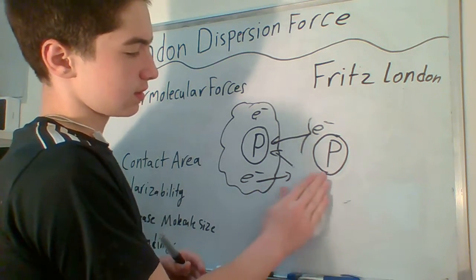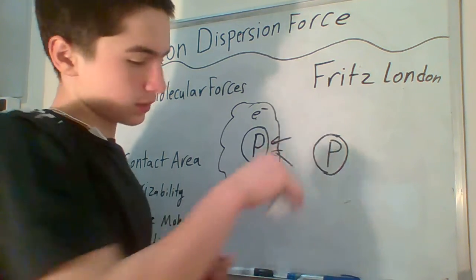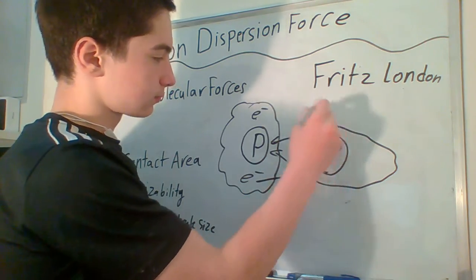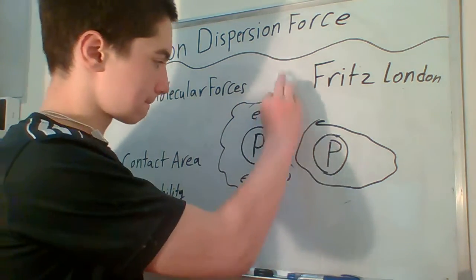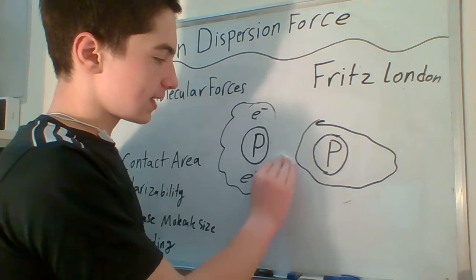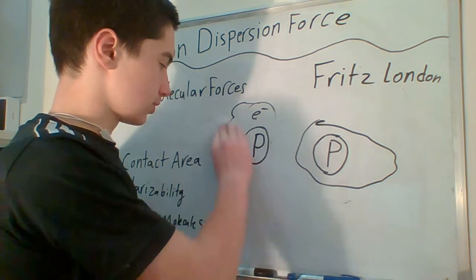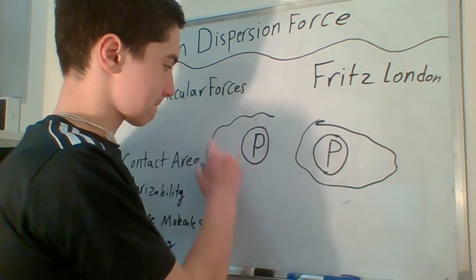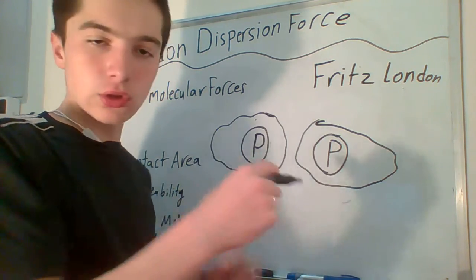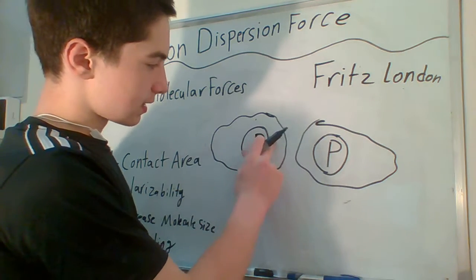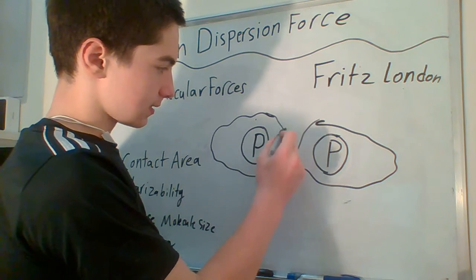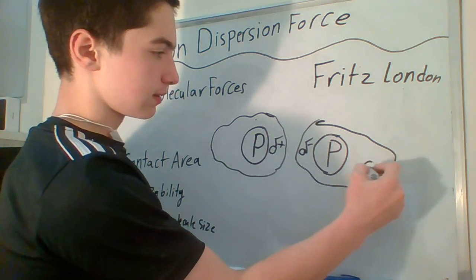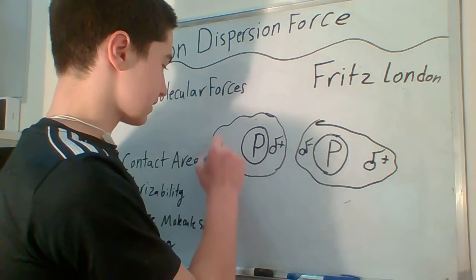Let's shift this a little bit, so it looks like something like this. Also here. And what will it form? We said temporary dipole-dipoles. Now, first thing, let's not forget to put delta positive here and delta negative here, and delta positive here, and delta negative here.